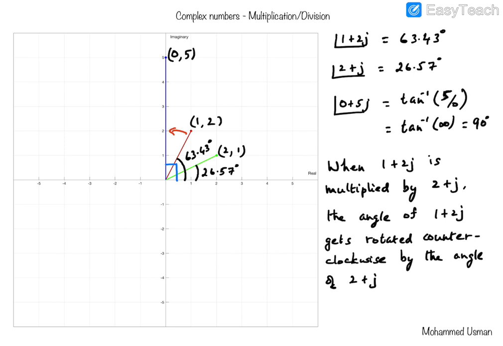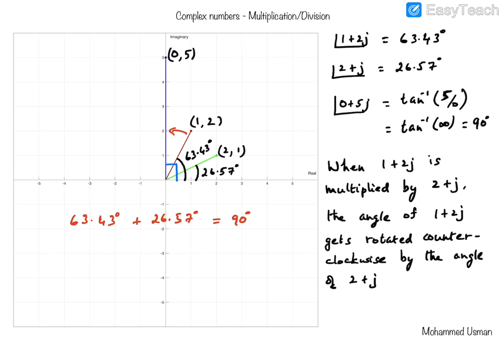So the resulting product that we have here will have an angle equal to the angle that 1 plus 2j makes with the positive real axis plus the angle that 2 plus j makes with the positive real axis. So the total angle for the product will be 63.43 degrees plus 26.57 degrees, which is exactly equal to 90 degrees, and that is exactly the angle that we have got for the product vector, or the product complex number, which is 0 plus 5j.